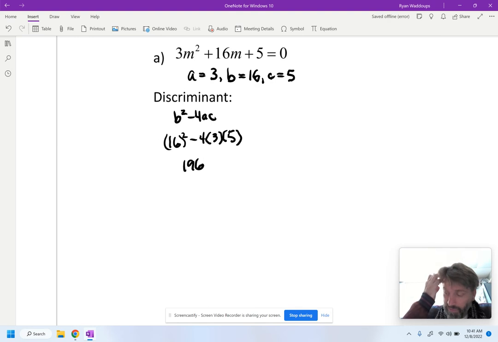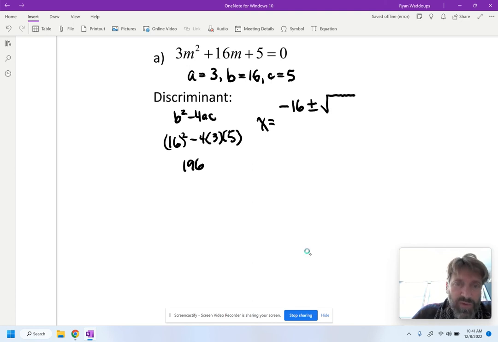And then we can go to our formula. X is equal to negative b, and since b is positive 16, that's negative 16, plus or minus the square root of b squared minus 4ac. We've already figured it out, and it's 196.